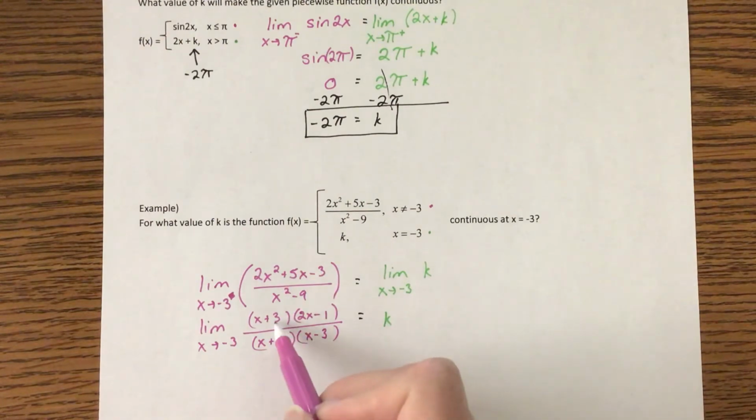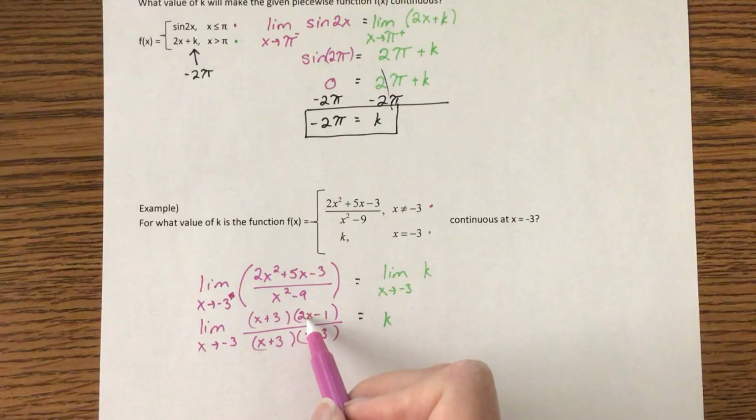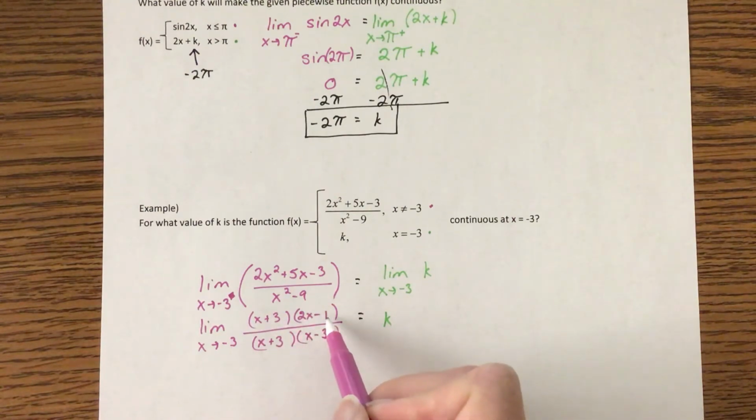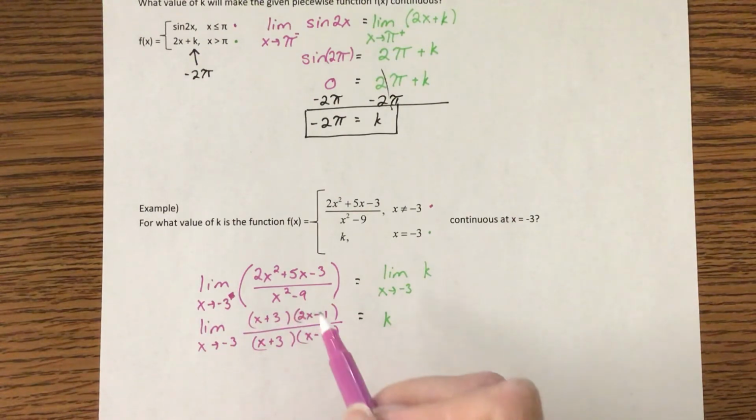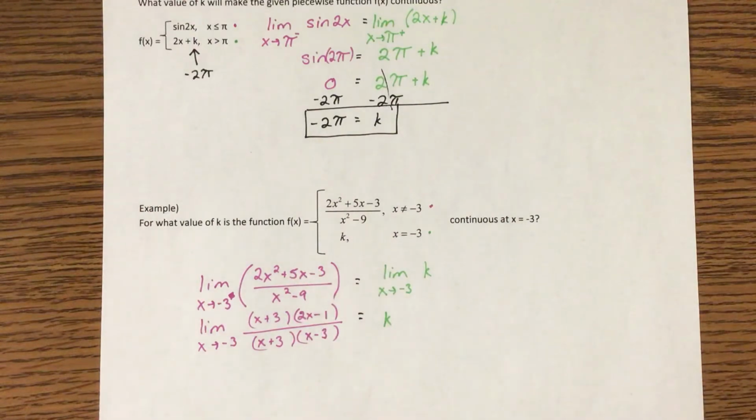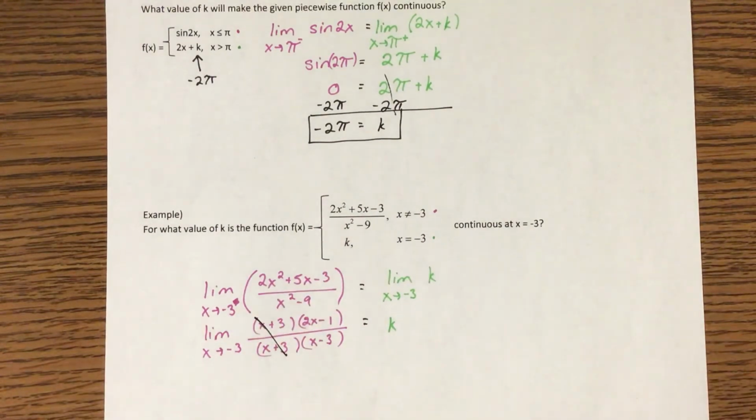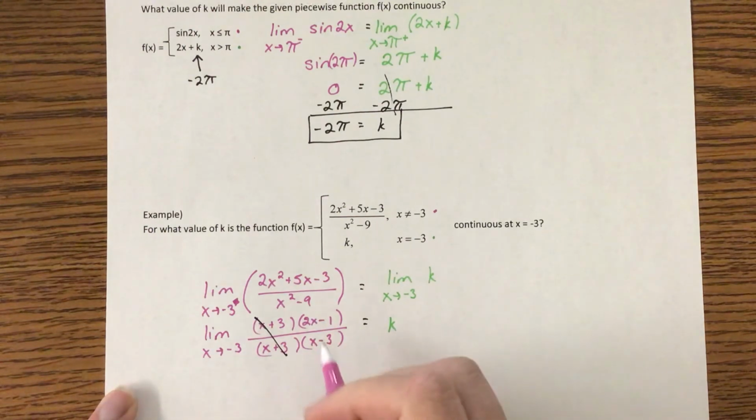Do the double check. 3 times 2x is 6x. x times negative 1 is negative x. So 6x minus 1x is that 5x. So we factored correctly. All right, we are going to now cancel out that whole factor. And then we can go ahead and plug in negative 3 here and here.